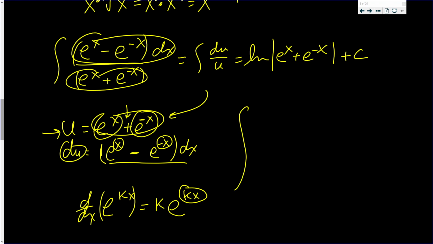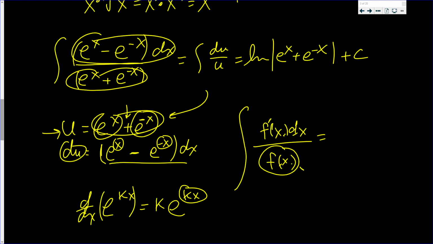Okay, basically you're going to have some function in the bottom, and you're going to have the derivative of the function on the top. Let's call the variable x. So you have f prime of x dx over f of x.